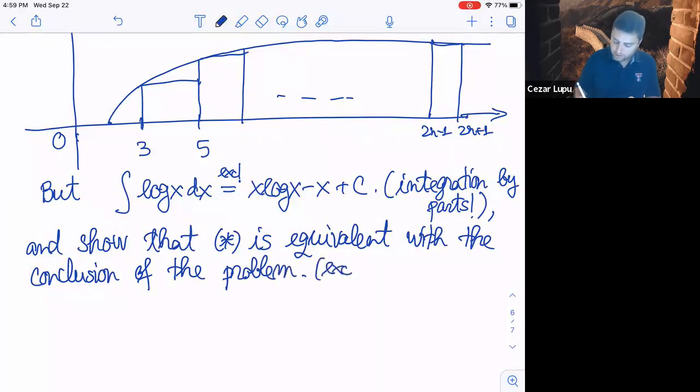I'll leave this to you as an exercise. It's just basic algebra, basic operations with the logarithm and exponential.